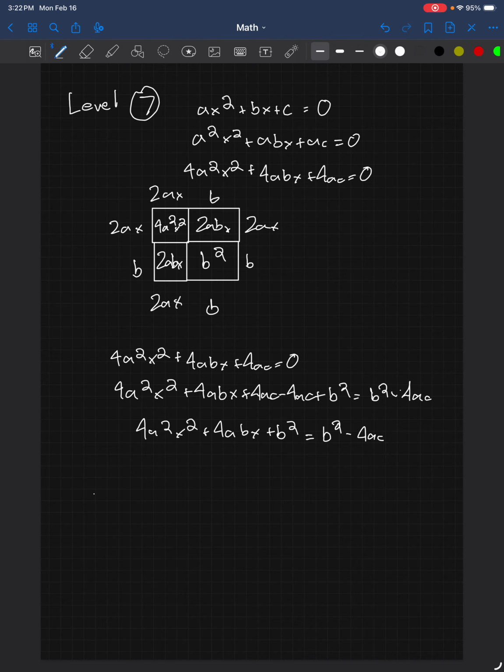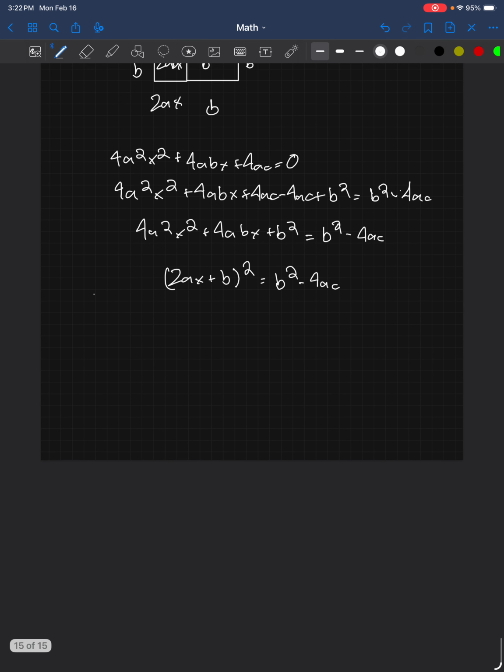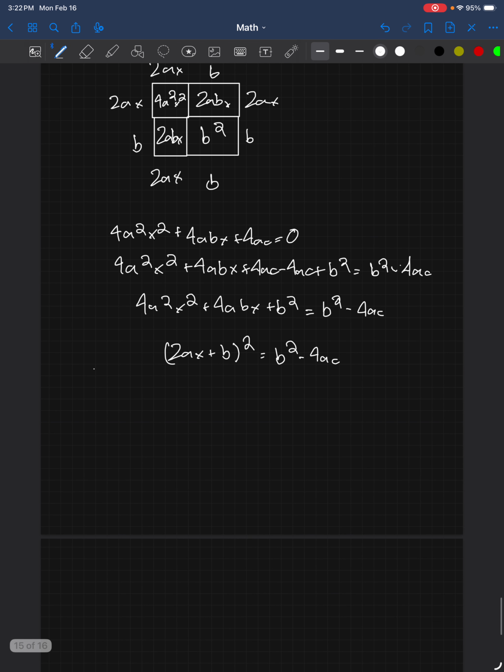And now we know that this is going to be 2ax plus b squared, because that's from our side length, equals. So remember, a, b, those aren't variables, these are constants. So what we really want to do is isolate x. So we have 2ax plus b equals plus or minus square root of b squared minus 4ac.